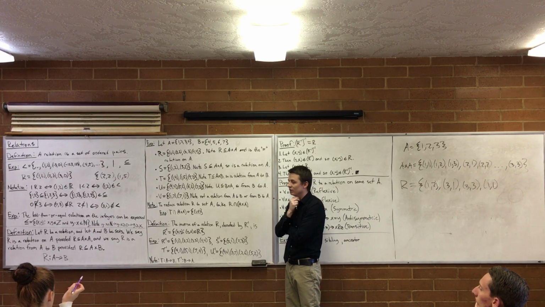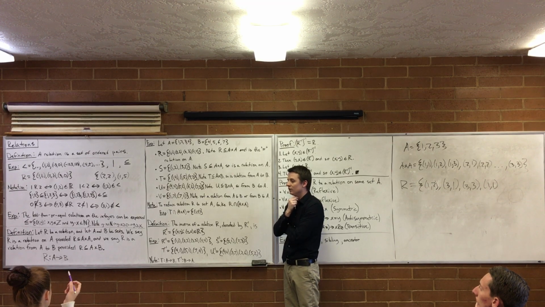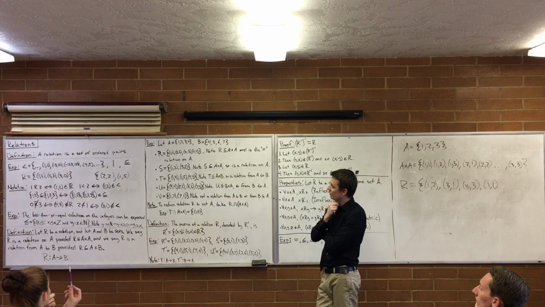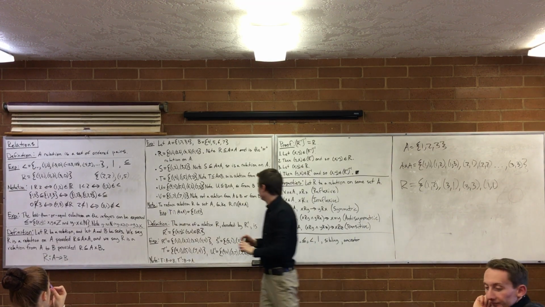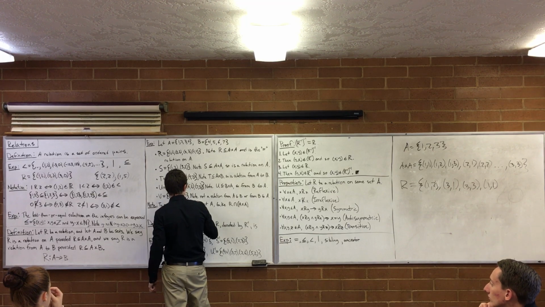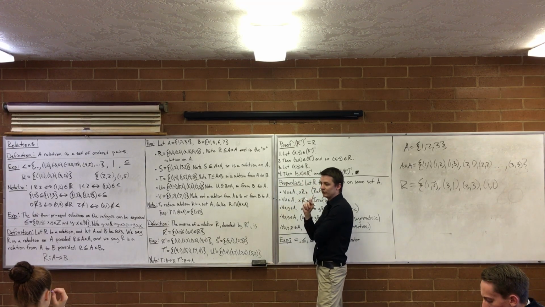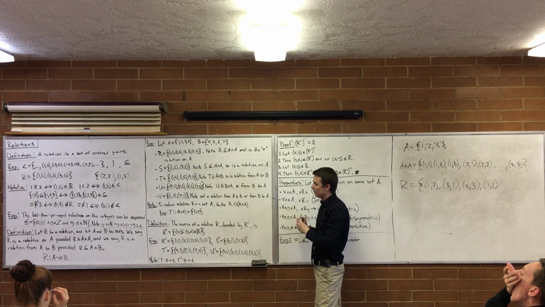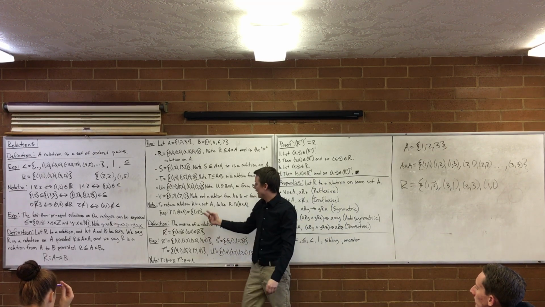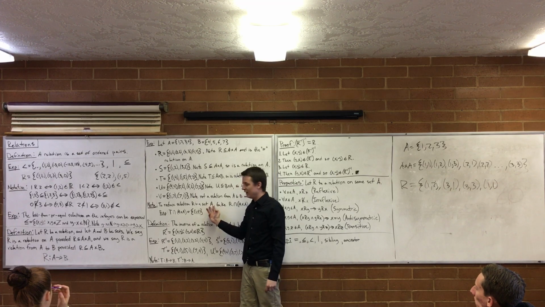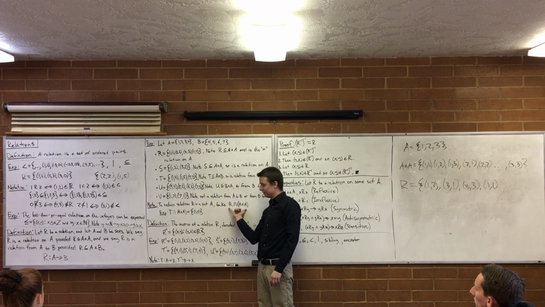To reduce the relation R to the set A, take R intersect A cross A. That means to make it so that everything in R only pertains to A, you need to look at this instead of all of R.